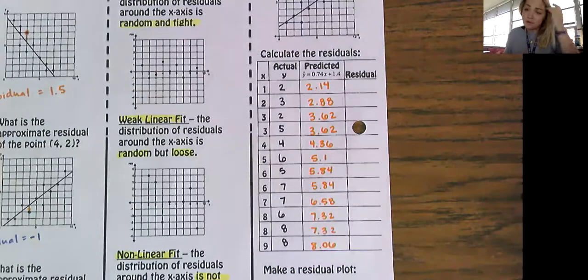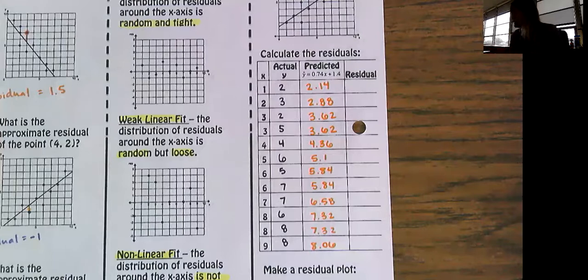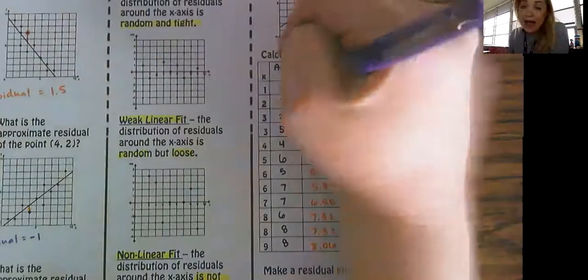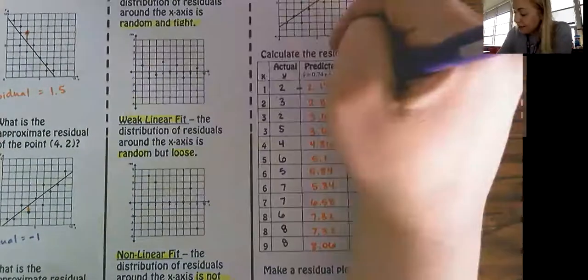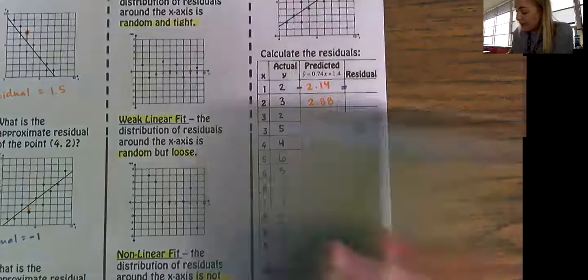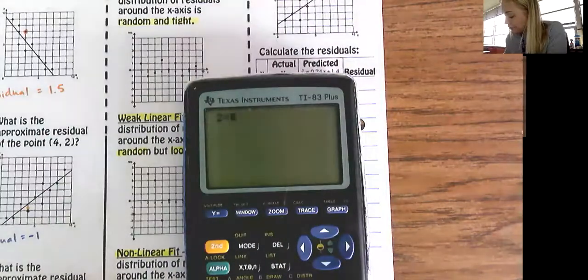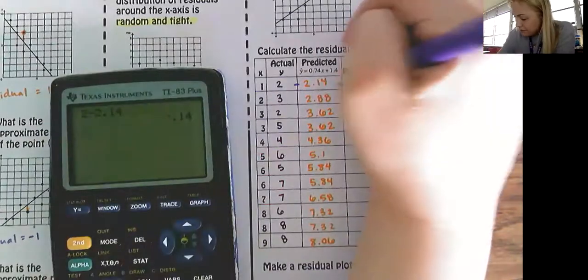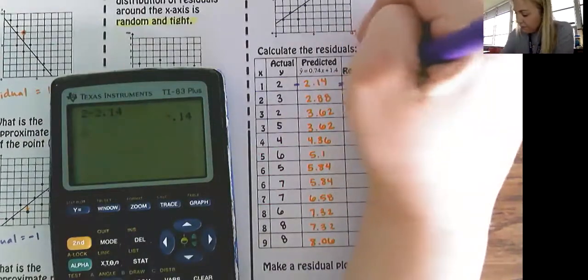So now we want to find the residual. Now remember, to find this, we talked about this in our last page of notes. We said that you have to do the actual amount minus the predicted amount. So I've got my actual here. I'm going to subtract my predicted amount, and that will equal my residual. So if I do 2 minus 2.14, I get a residual of negative 0.14.